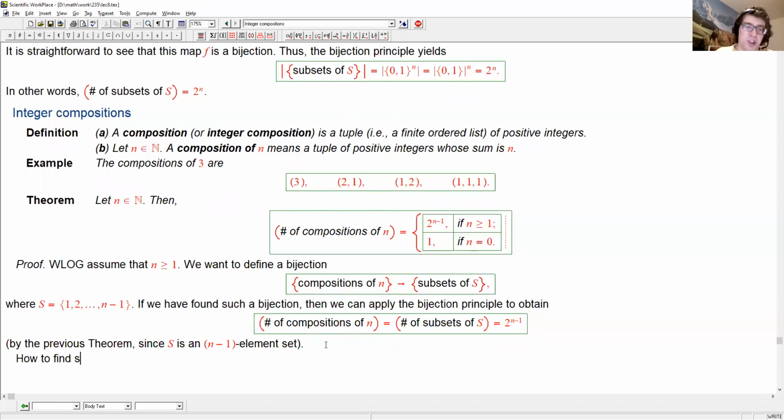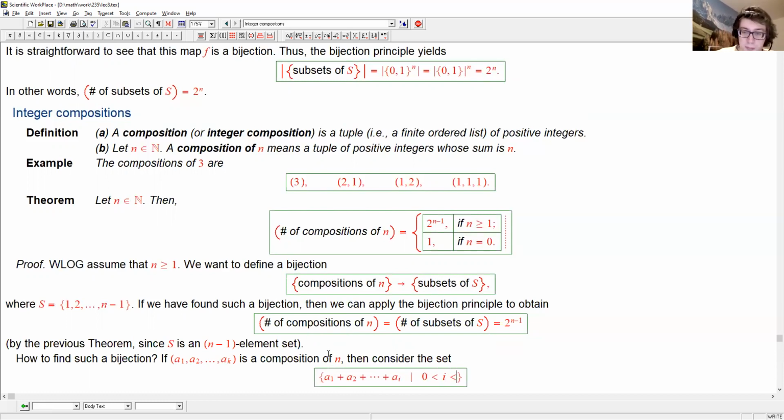So how to find such a bijection? If A1, A2, and so on, up to Ak is a composition of n, then consider the set of all its partial sums. These are sums of the first i entries of this composition, where i is bigger than 0 and smaller than k. So we don't take the empty sum and we don't take the sum of all the entries.